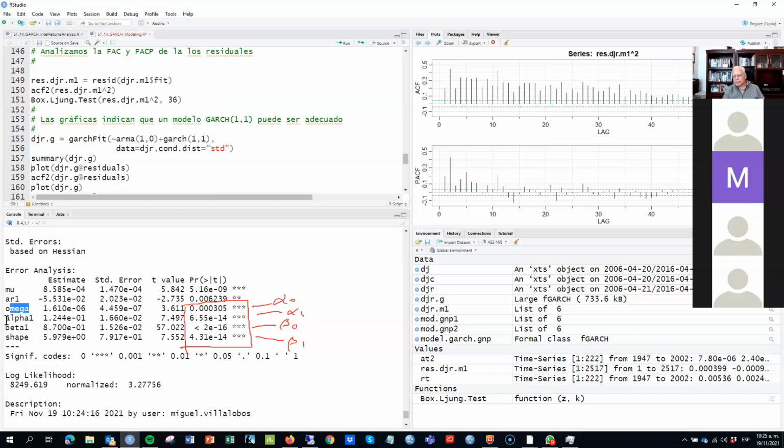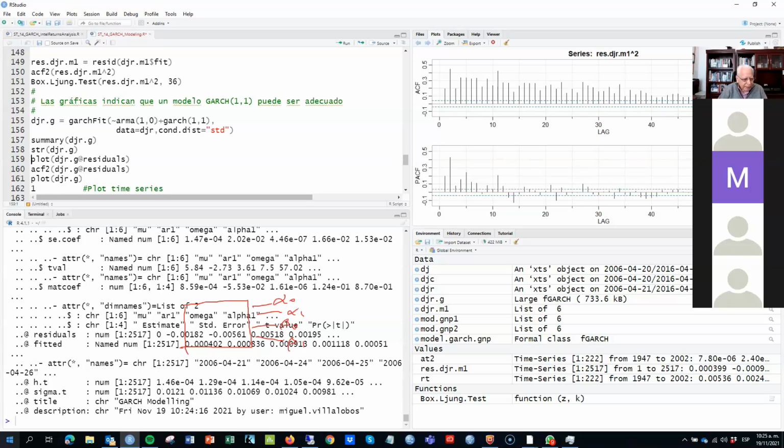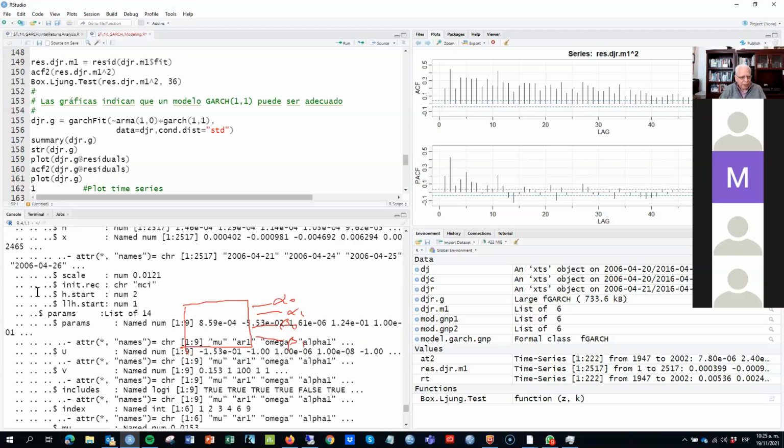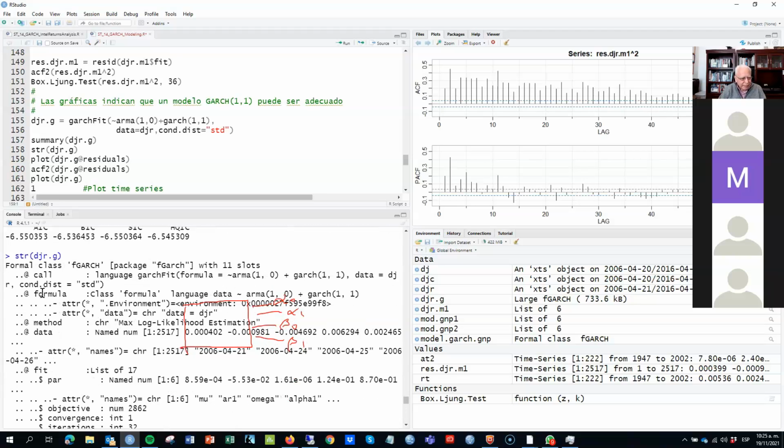Now we're going to look at the residuals of the model to see if the model is appropriate. Okay. So I'm going to plot the residuals. Remember that the structure of this model, if I look at the structure of this model of Dow Jones returns, instead of a dollar sign, what's separating the elements on this list for the first level are ampersands.